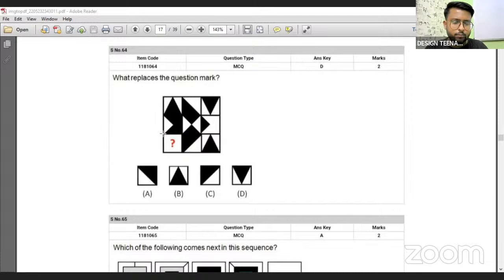We'll take this a little from the below section. Yes, this is one line. There is another line over here. And in the same way, there is one line which is running straight. These are the things that we get to see. Now over here, please tell me which is the right answer and how it is the right answer.